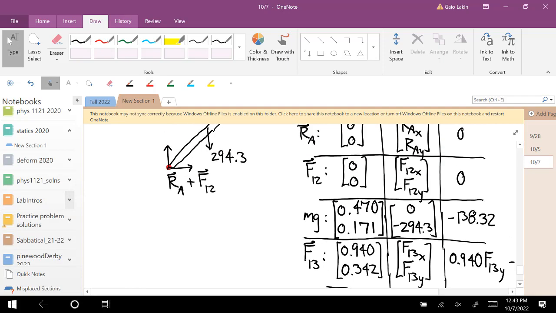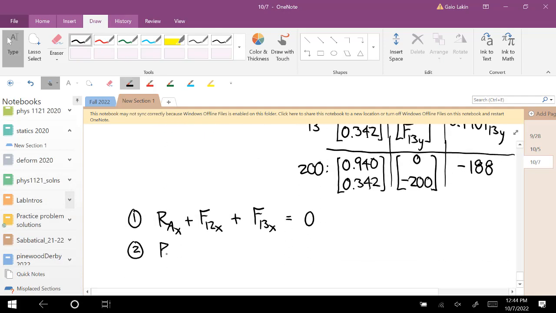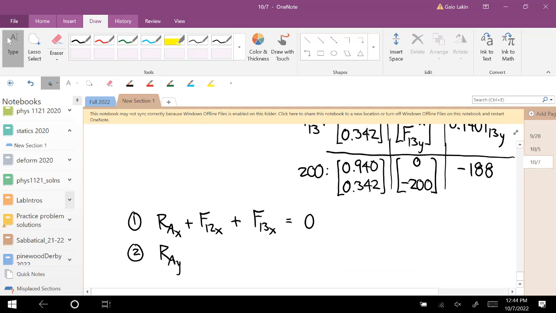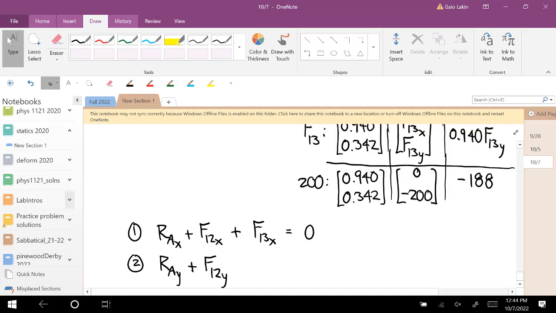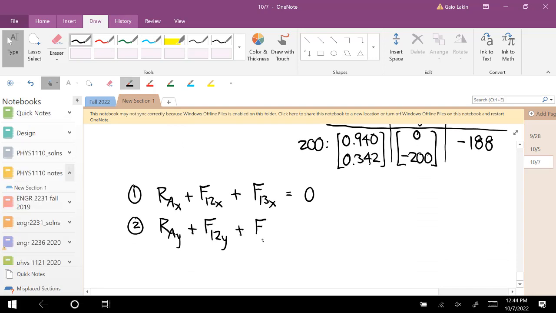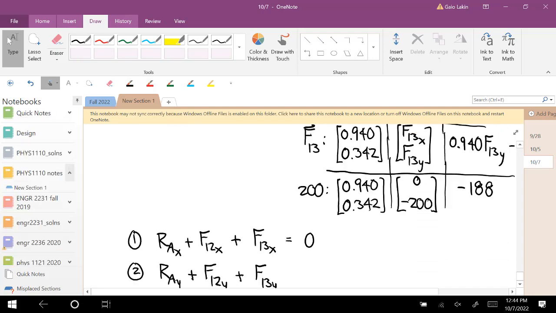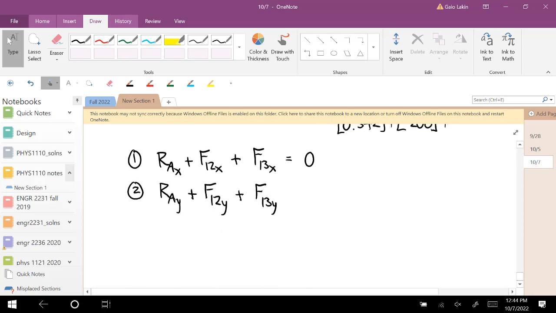And then our Y Newton's second law equation says RAY plus F12Y plus F13Y is equal to, add up the two given numeric loads, and it's equal to 494.3.